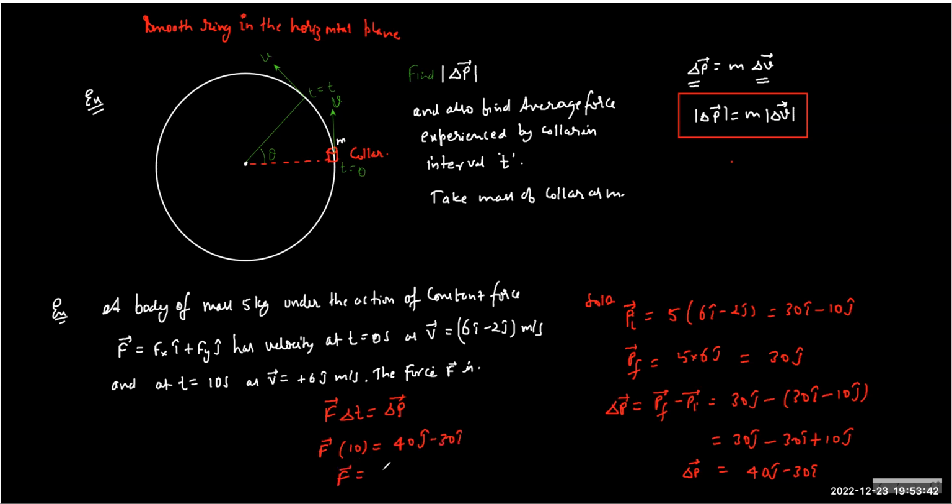So F is 4 j minus 3 i, so minus 3 i cap plus 4 j cap. I hope this is clear. Any doubt in this? No, sir. Okay.